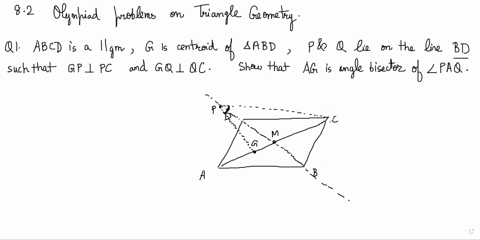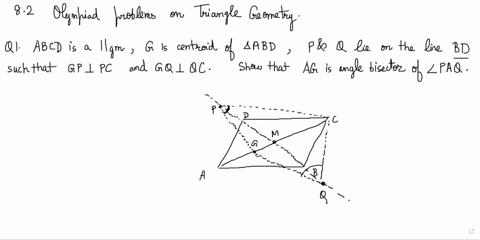Similarly, GQ, Q will be somewhere here, is perpendicular to QC, so this angle is also 90 degrees. We have made two points P and Q.